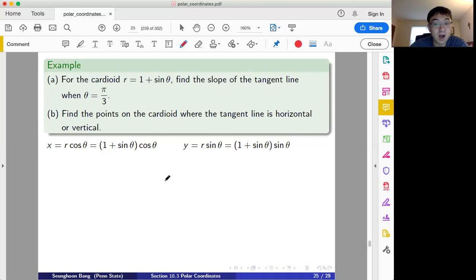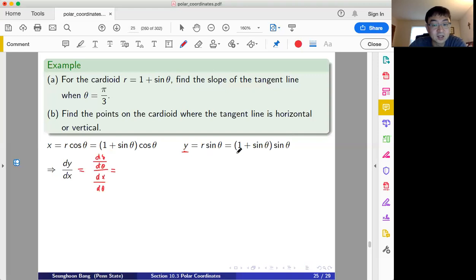The next step, find the slope of the tangent line. The slope of the tangent line is dy/dx. You can use dy/d theta over dx/d theta. What's dy/d theta?